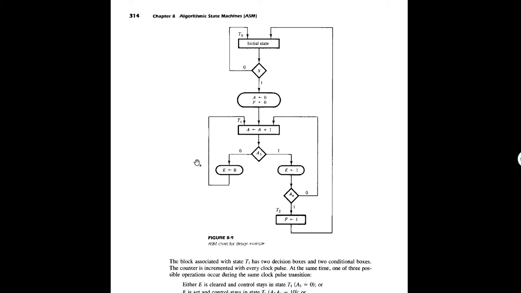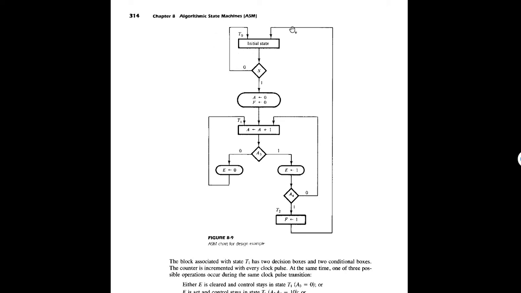How? If A3 is equal to 0, E equal to 0, and we achieve T1. If A3 equal to 1, A4 equal to 0, we achieve state T1. So this whole body is trying to go back to the state it was initially present in. So you have assigned it a symbol, that is T1, to differentiate it from the rest of the circuit, because it is not like the rest of the circuit.